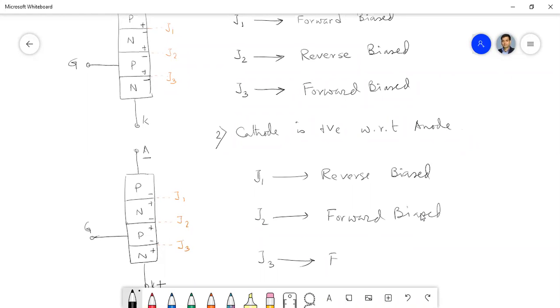Now you just tell me, will it conduct in this biased condition? No sir. Why? Because two junctions are reverse biased. This is a worse condition compared to the previous one, isn't it?